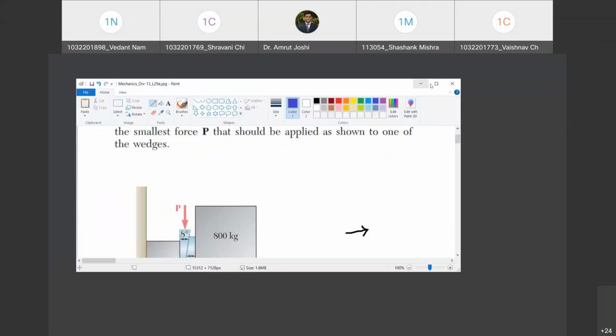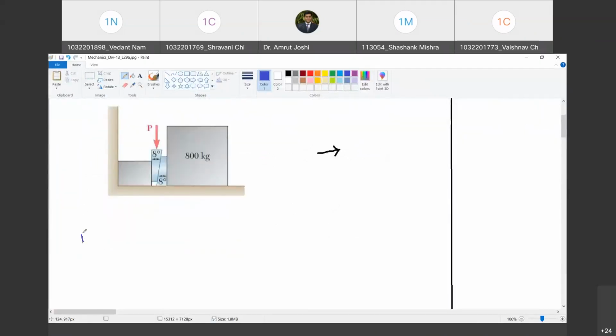So let me draw a free body diagram. Just give me a second. Yeah, free body diagram FBD of 800 kg block. But when am I going to draw this free body diagram? When P is so large that the motion of 800 kg block towards right is impending.